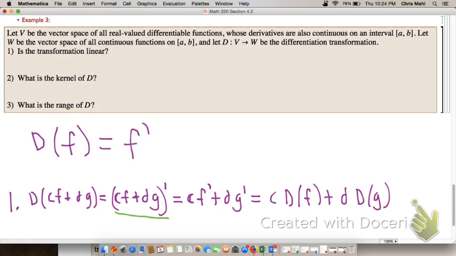Essentially, the scalar can be pulled in front of the d over dx if I was writing it in Leibniz notation. Writing cf prime plus dg prime back in terms of the linear transformation, that's c D of f plus the scalar d times capital D of g, and that implies that D is linear. Okay, so that is a linear transformation.